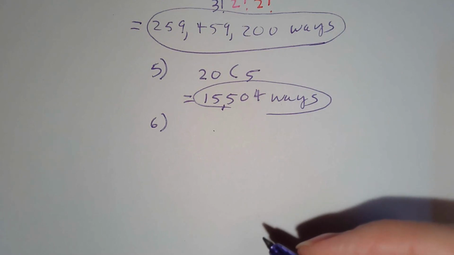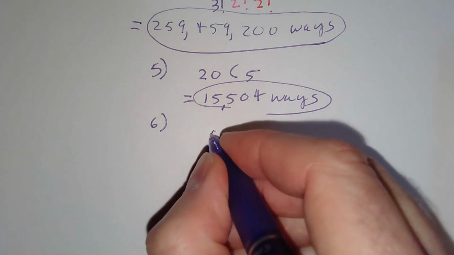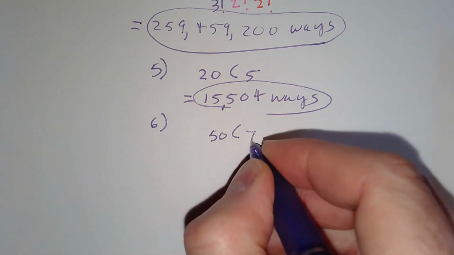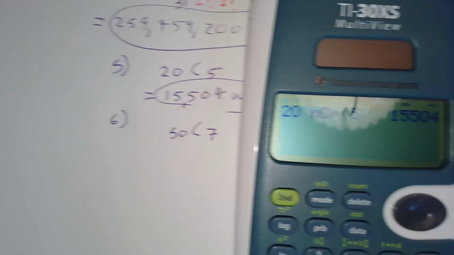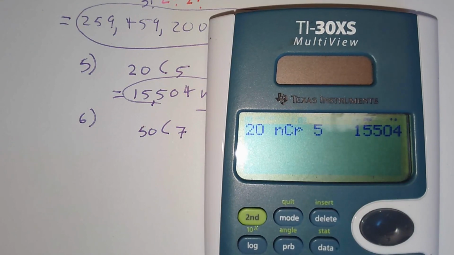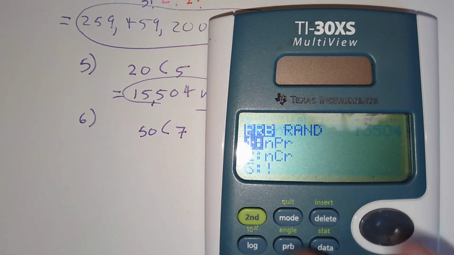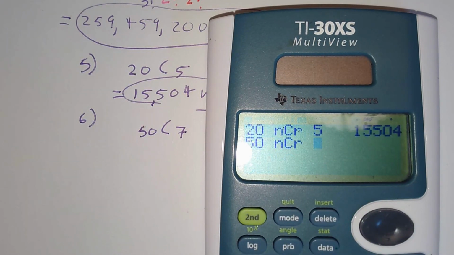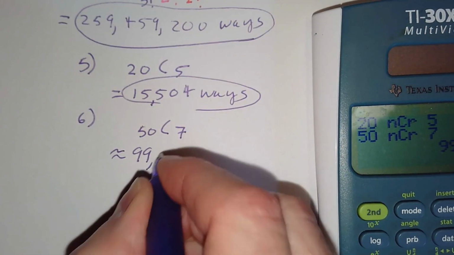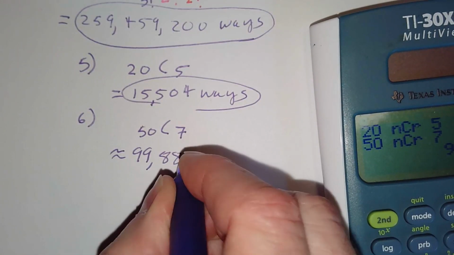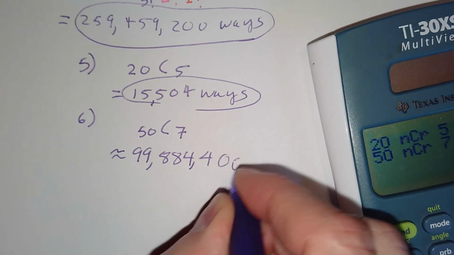So in this lottery, we've got 50 numbers, and we're picking 7. So it looks like we get 99,884,400 ways that can happen.